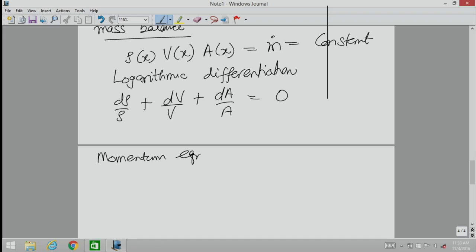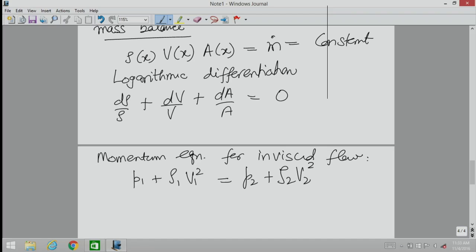The momentum equation for the inviscid flow will give us... if I take two sections which are almost a thin strip.